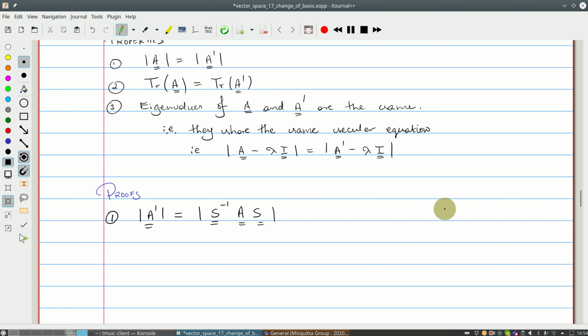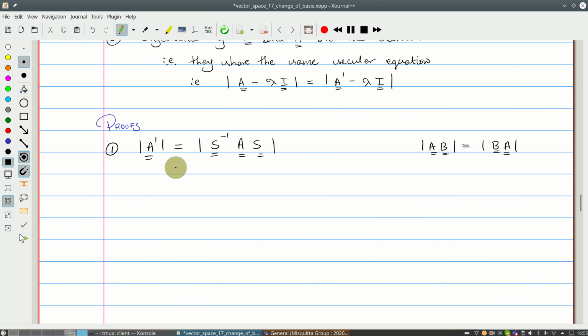Now we know from our formulae for determinants, which you have to go back a few lectures, that the determinant of two matrices A and B is equal to the determinant of BA. Now this can be generalized to any number of matrices. I'm going to leave this to you to figure out how to do it, but you have seen this often. And what this means is that in principle you can cyclically move them around. It's always cyclic. Anything that's not cyclic is not allowed.